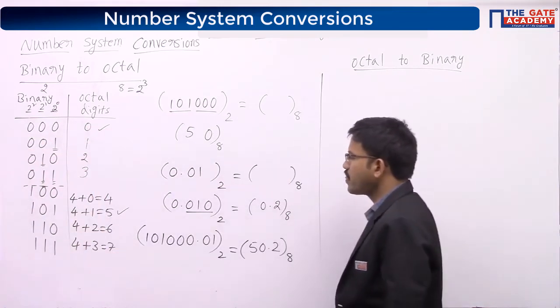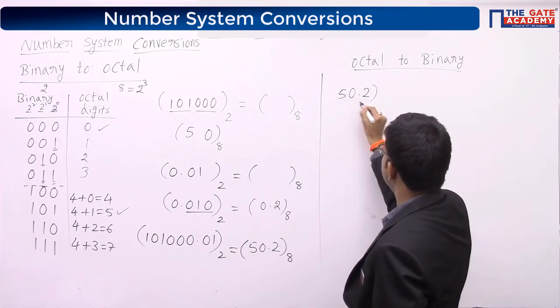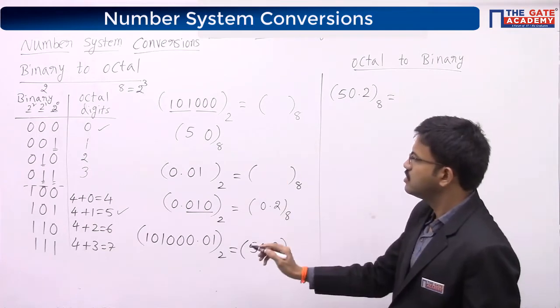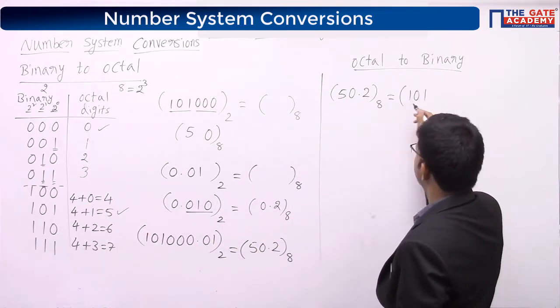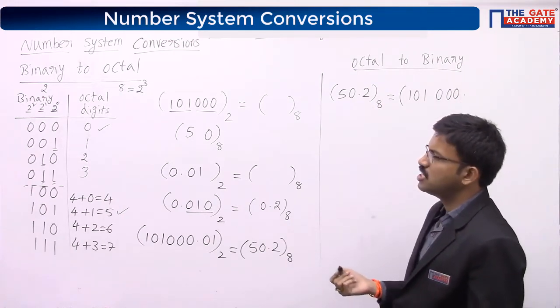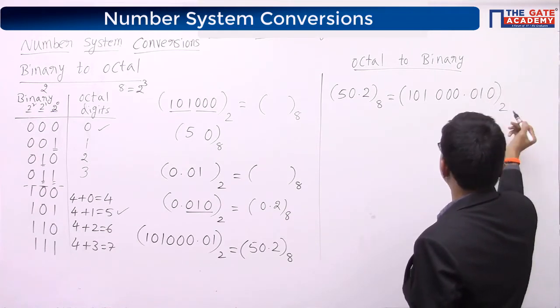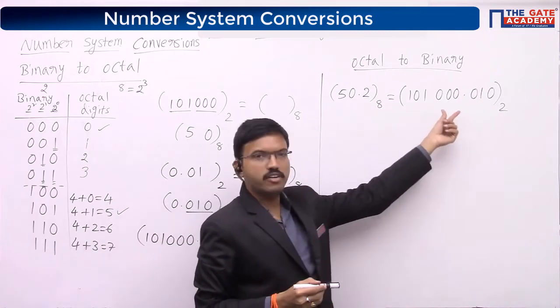Directly consider this number 50.2 base 8. 5 is nothing but 101. Then 0 is nothing but 000. Then 2 is nothing but 010. So for each octal digit I have represented it with 3 bits.